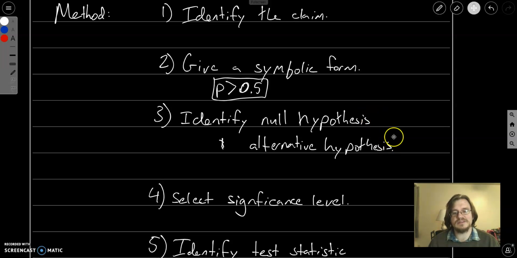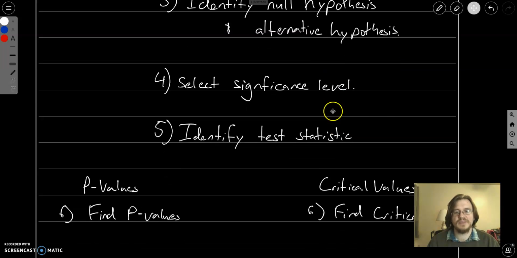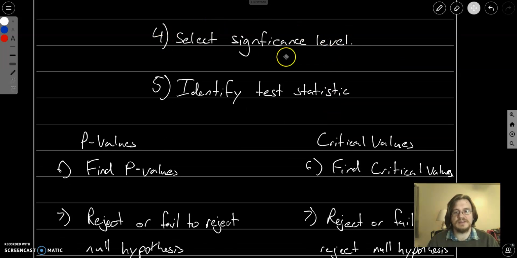These are somehow opposites, so I'll come to this more in a second. But in order to talk about whether or not we can accept a hypothesis, we need to know the significance level. How confident do we need to be before I can say, yes, we can reject this hypothesis? So this is defining how confident we want to be in our answer.